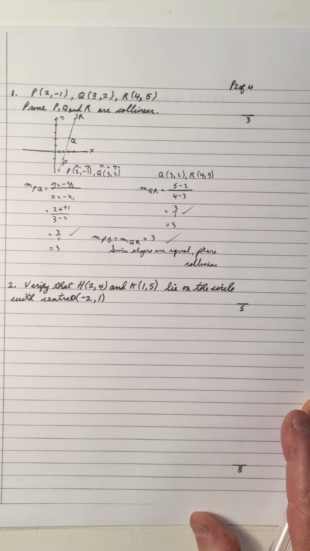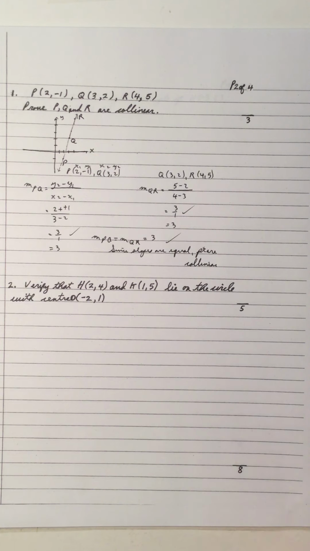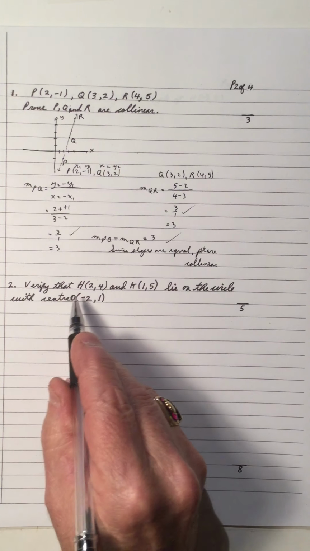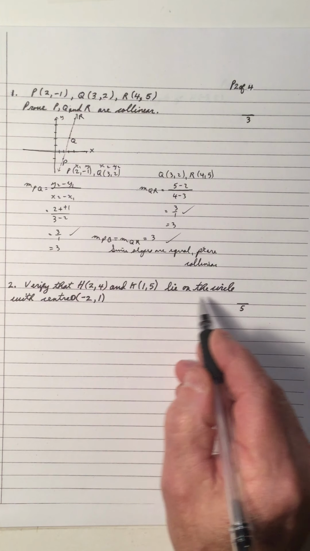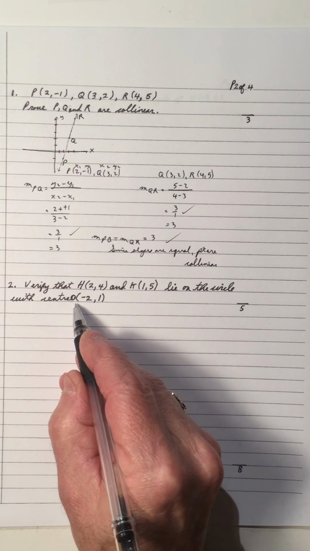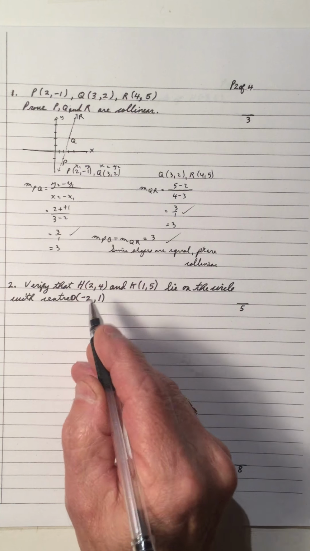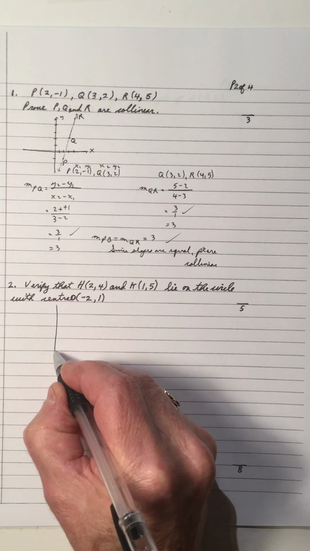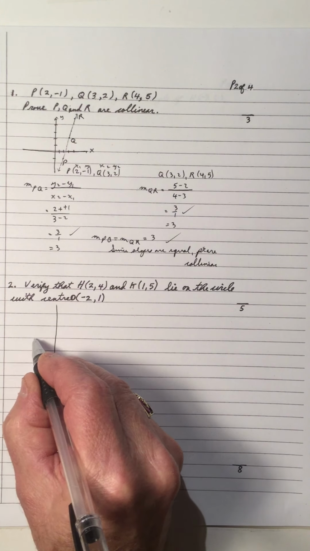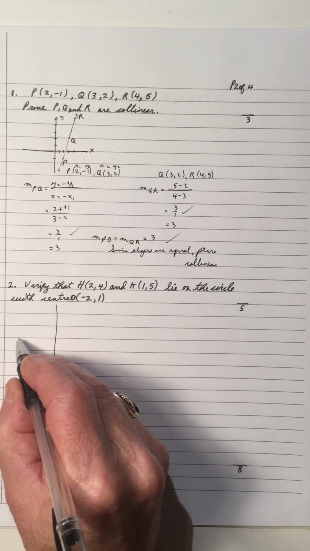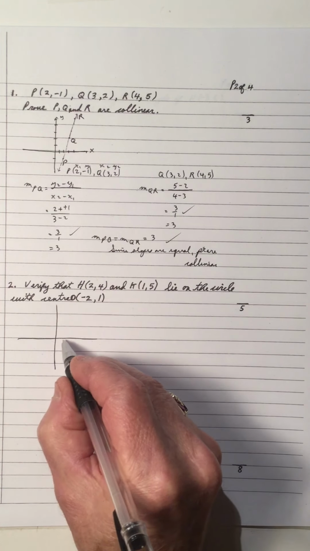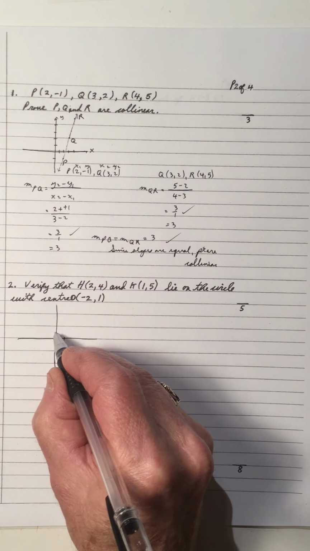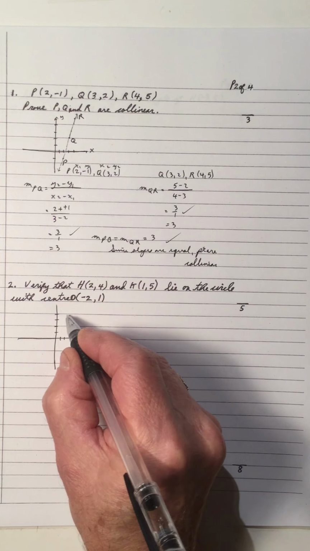Number 2, don't forget, pause the video and work this out first if you wish. Verify that H(2, 4) and K(1, 5) lie on the circle with the center O as (-2, 1). Again, let's draw a diagram to illustrate this. H is (2, 4), right here.